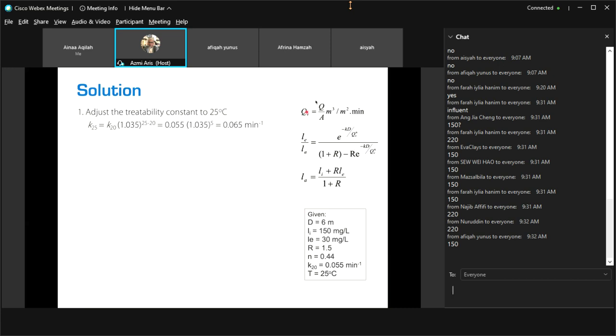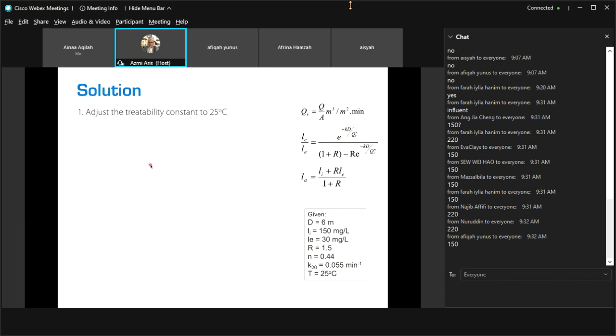But we don't have A, and we cannot assume A. So the only way to calculate the hydraulic loading is to use this equation. Okay, this equation seems to be quite complex, but it can be simplified. So here we have what is given by the questions: D equal to 6 meter, Li 150, Le 30, R 1.5, and K20, and temperature is 25 degrees Celsius.